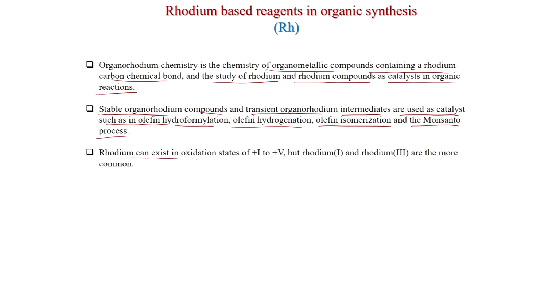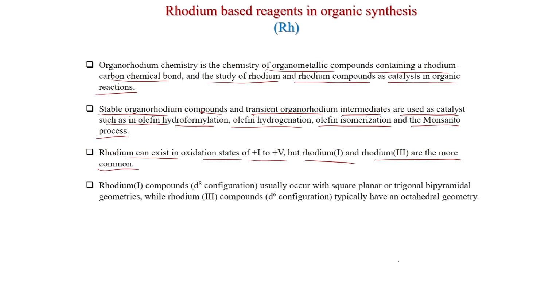Rhodium can exist in oxidation states of +1 to +5, but rhodium(I) and rhodium(III) are the more common. Rhodium(I) compounds, d8 configuration, usually occur with square planar or trigonal bipyramidal geometry, while rhodium(III) compounds, d6 configuration, typically have an octahedral geometry.